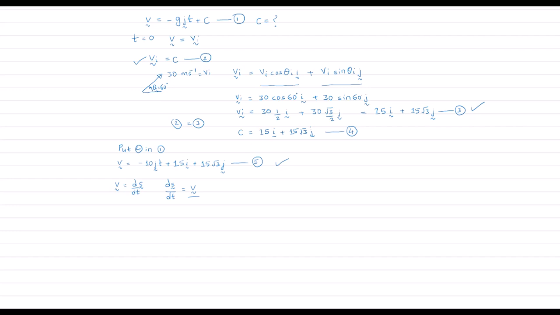Let's say in the denominator I consider 1, and I can do a cross multiplication. So this will be ds times 1 equal to v times dt. And then, of course, I can do the integration on both sides.